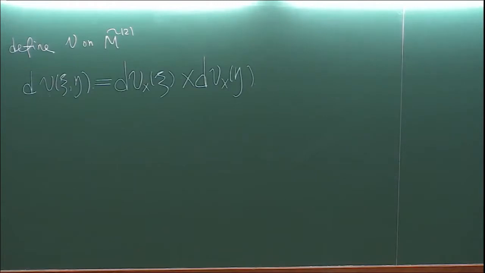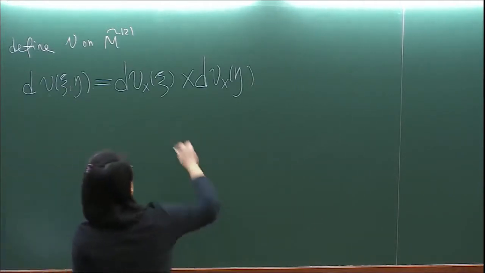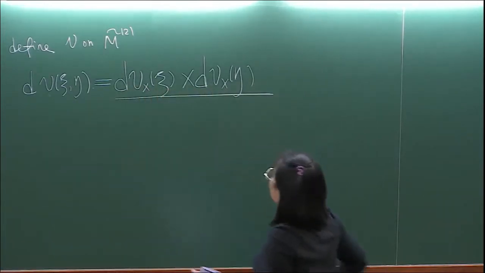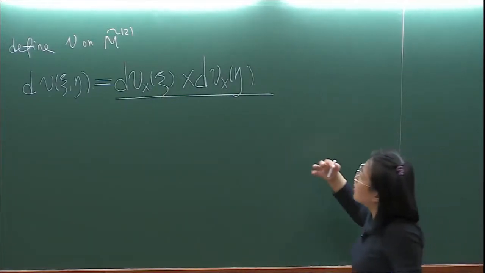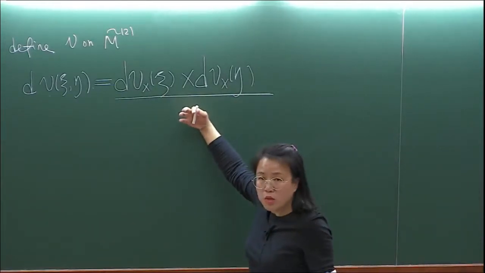Actually, the contraction ratio or the expanding ratio is just e to the t, right? That's, in some sense, why this Patterson-Sullivan measure will appear. But you cannot define the measure in this way.